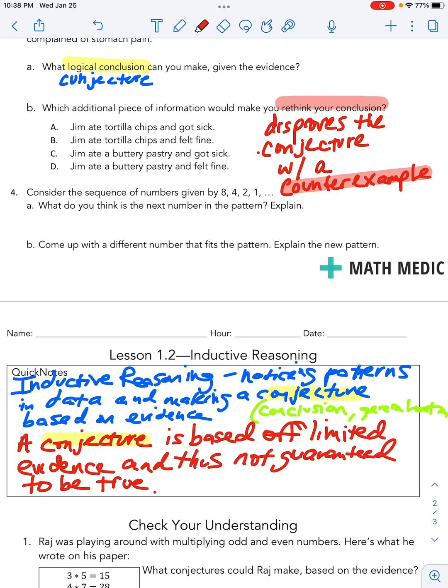And then all of a sudden, in 3 weeks, we're having breakfast with Jim. We see him eat a buttery pastry, and he feels fine. So maybe it was just this particular set of 3 days where he had a stomach bug going on, and he wasn't feeling good regardless of the scenario. But there's definitely ways to prove conjectures wrong, and we would do that with the counterexample.